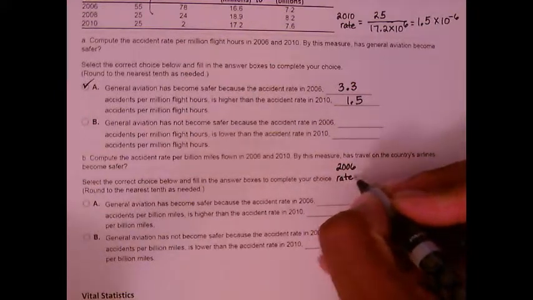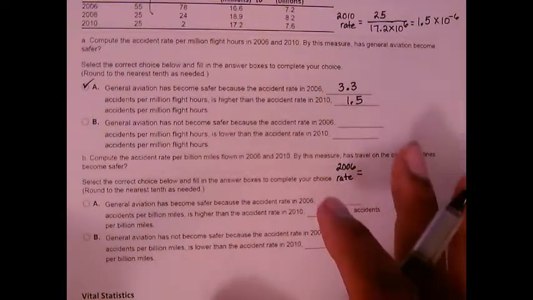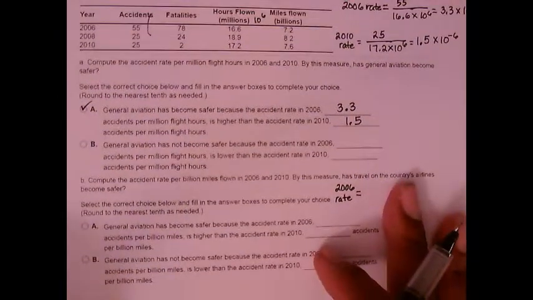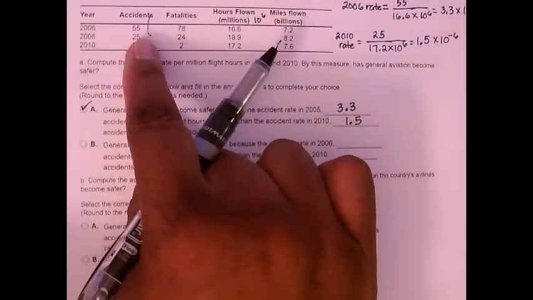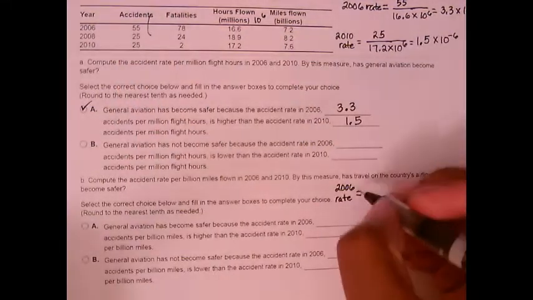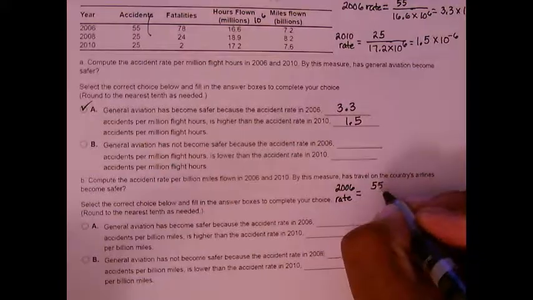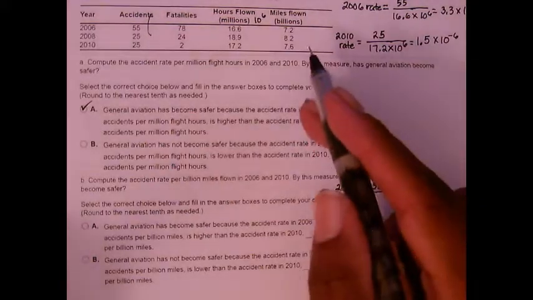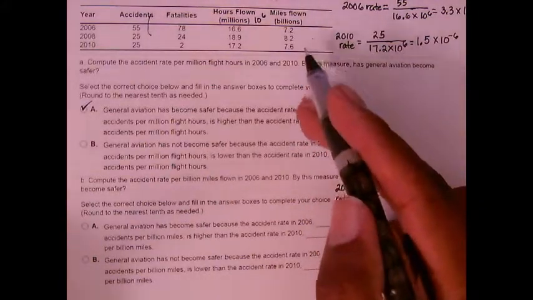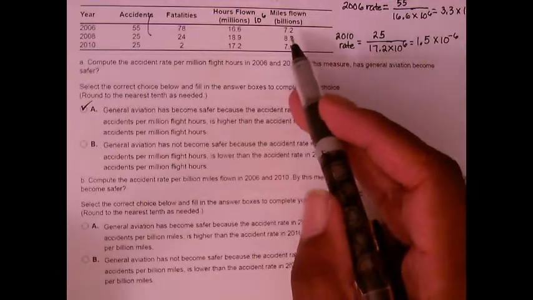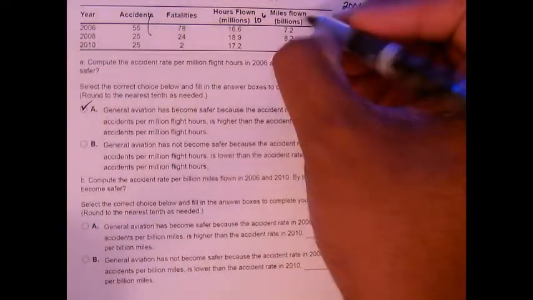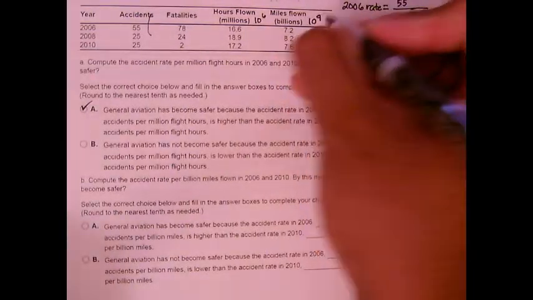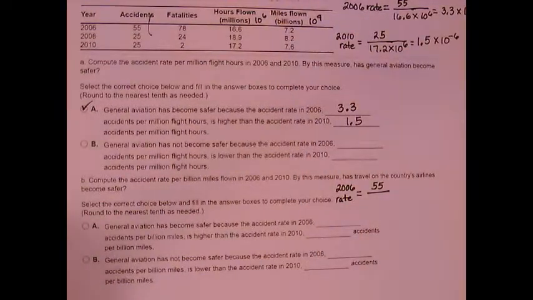So for the 2006 rate, we're dealing with the accident rate again, which is 55, divided by the miles flown in billions. That's 7.2. Now keep in mind, billions is going to be 10 to the 9th. Millions is 10 to the 6th, and billions is 10 to the 9th.